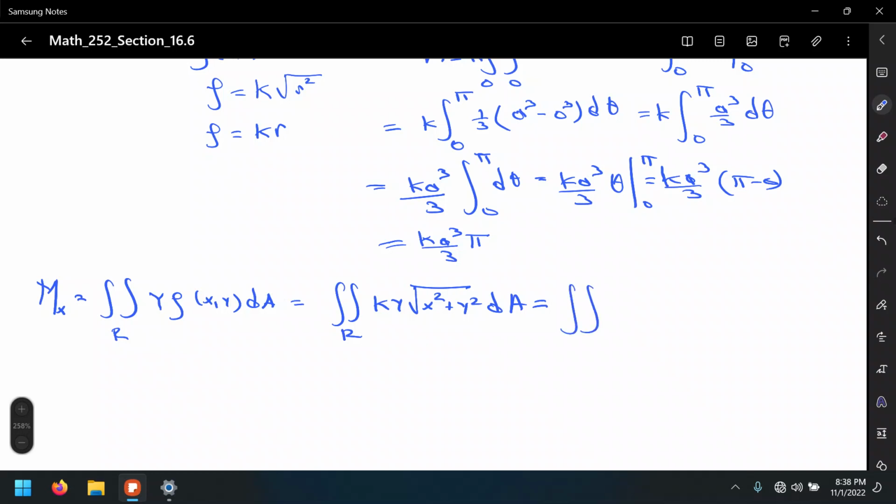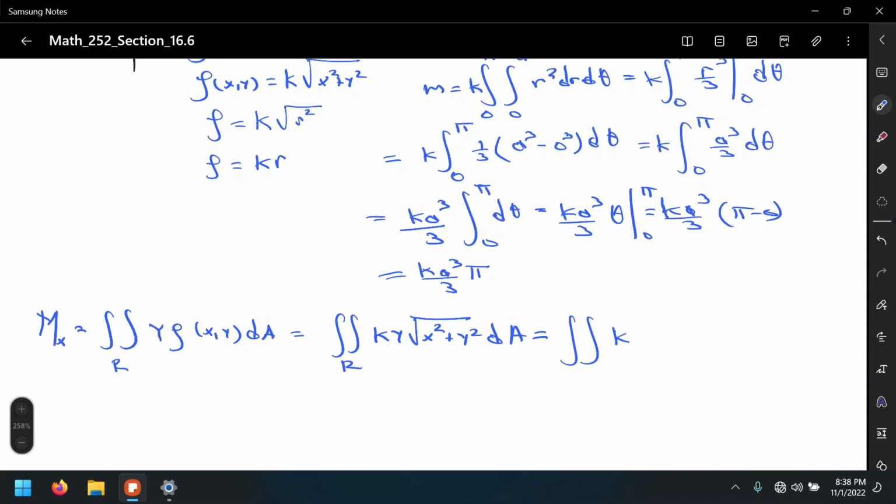The factor k times the radical becomes, I think, kr, times y. But check this out, times r dr d theta. This dA becomes r dr d theta. And this kr is from the density function transformed into polar coordinates.